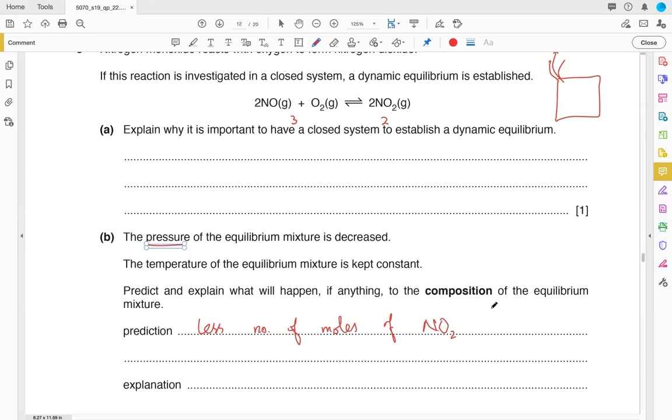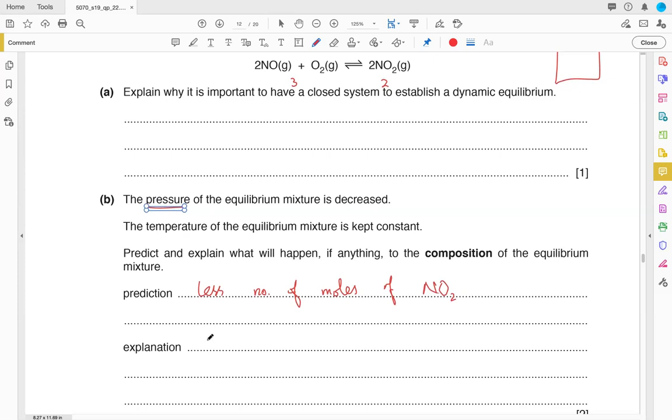That's my prediction. Or you can also say that there's going to be more reactants made, or more NO and O2 made. And why is that? The reason is simple. There are more gaseous moles on the left side, or fewer gaseous moles on the right side. The word gaseous is really important in this.